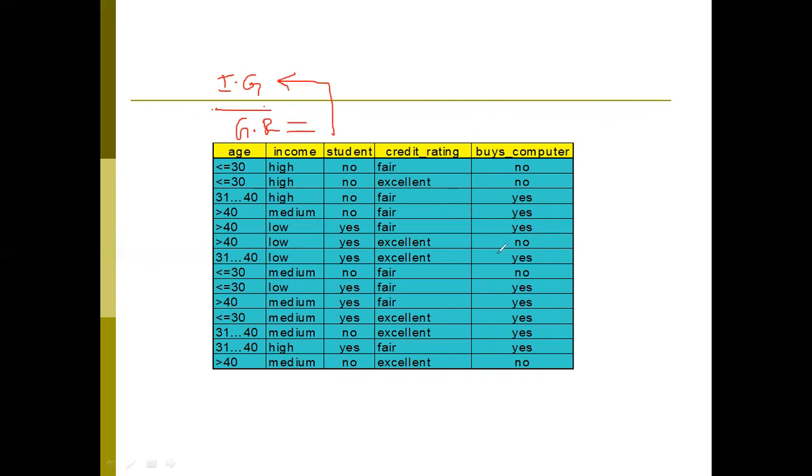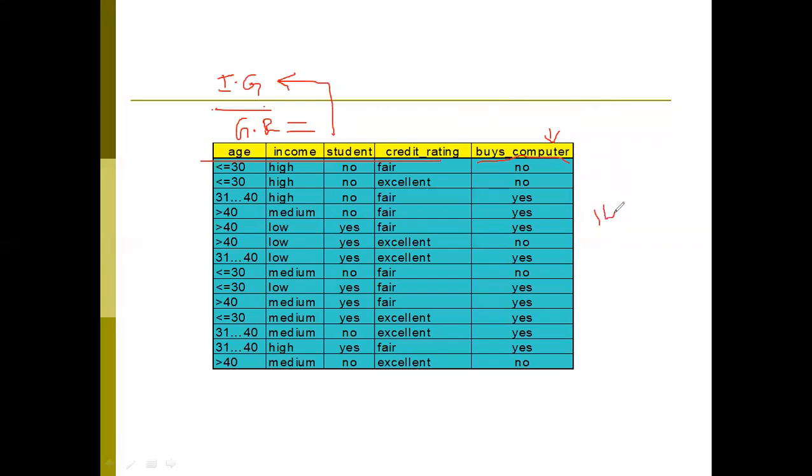Now this is the example data set I'm going to use to calculate the gain ratio. Now you need to know how many attributes are there in this table. 4 attributes. One more attribute is there, that is buys computer. It is a target attribute, or just the class attribute, right? This table has 14 records in total.